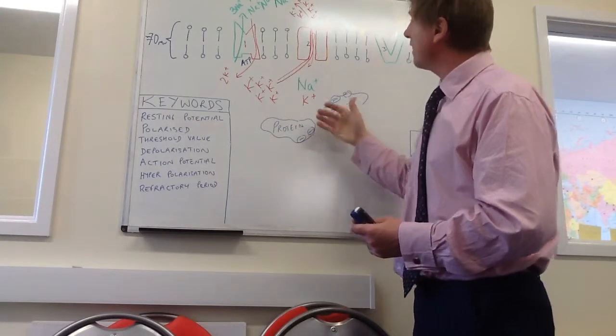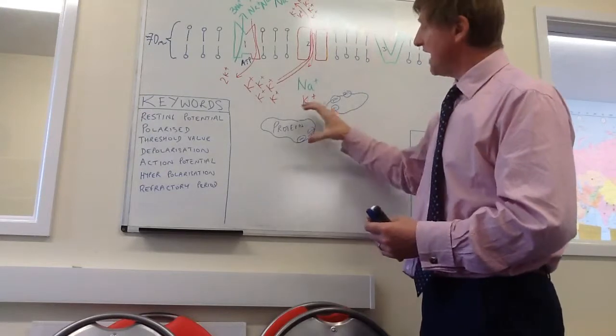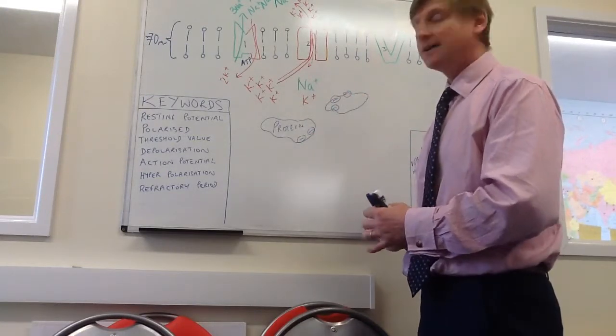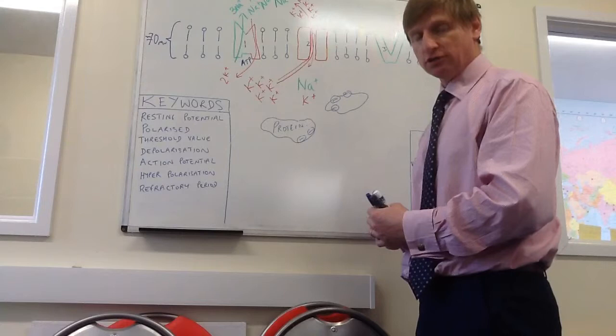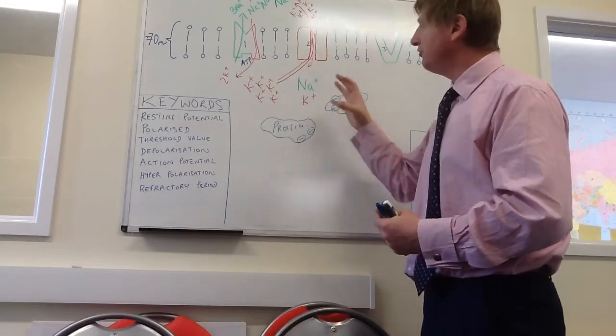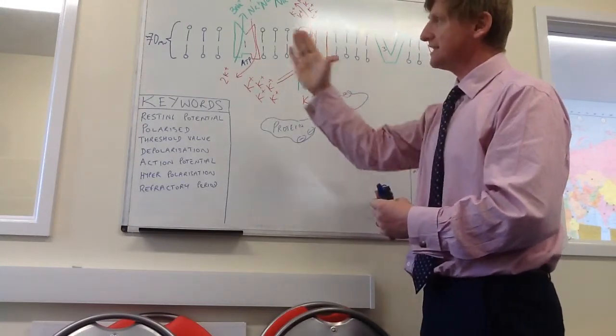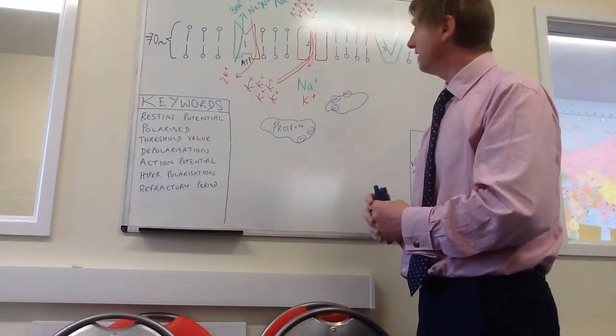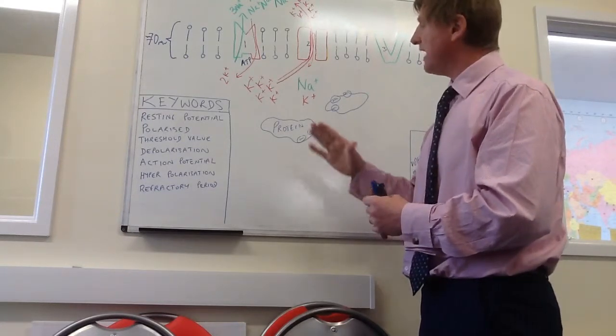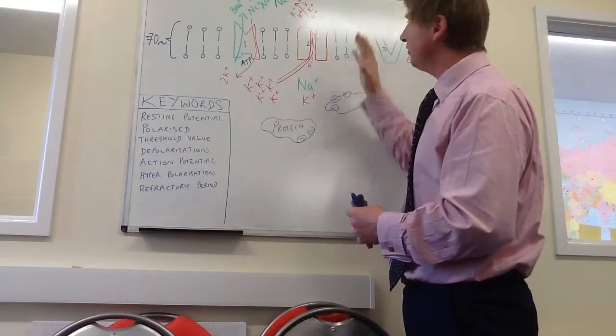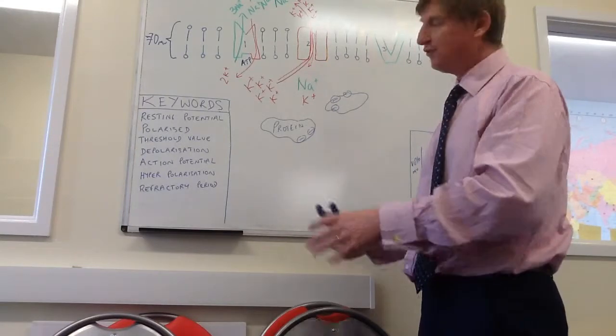They're very big, they can't pass through the membrane, and so they are stuck there, adding, and we call negatively charged particles anions. They add anions to this inside to assist with this minus 70 millivolts. And so there we have the way that the resting potential is achieved.